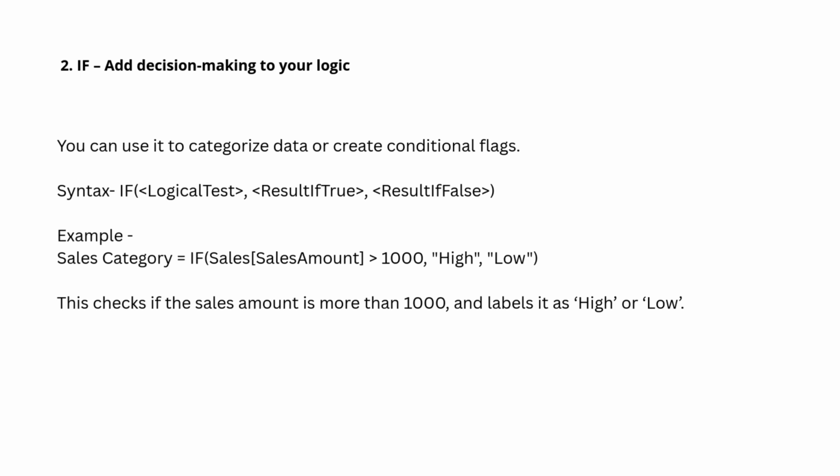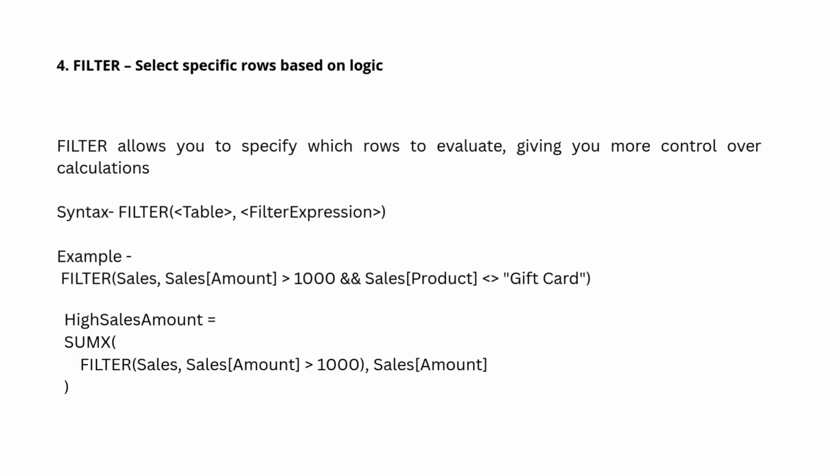The next function is the FILTER function. Filter allows us to specify which rows to evaluate, giving us more control over the calculation. Here we are using a filter with the table name on which we want to put the filter and the filter expression.